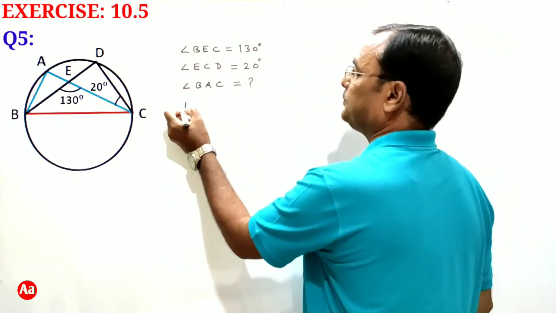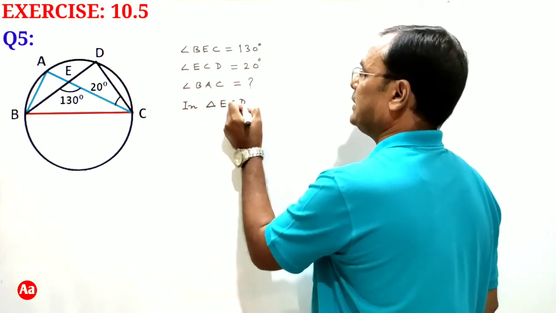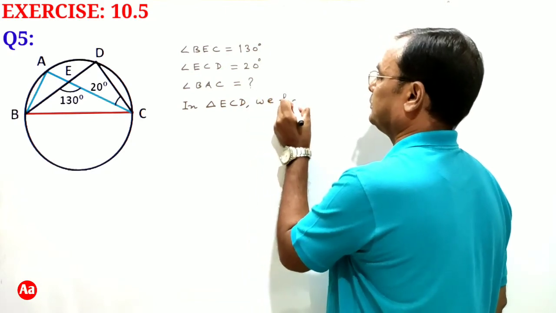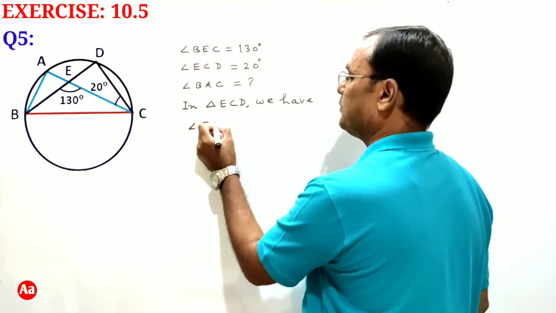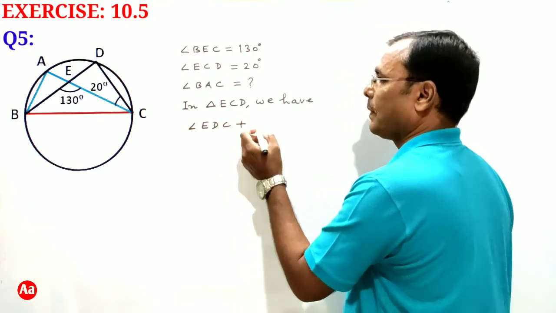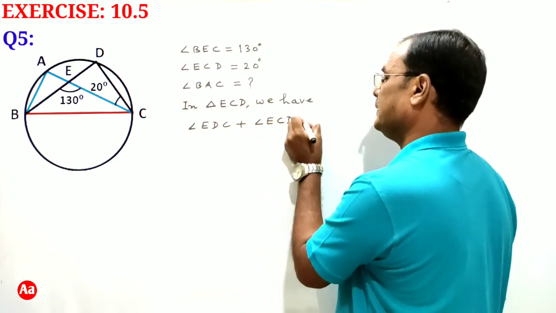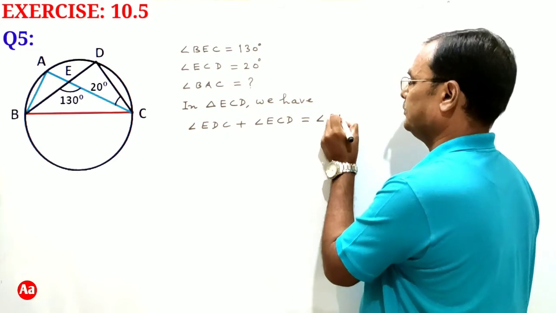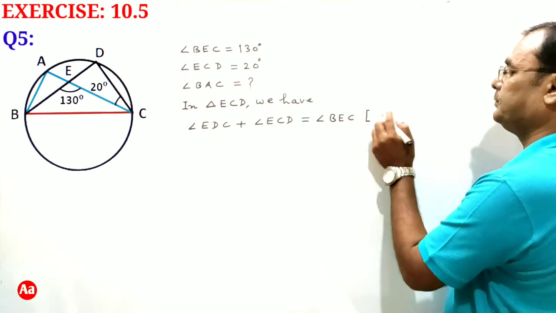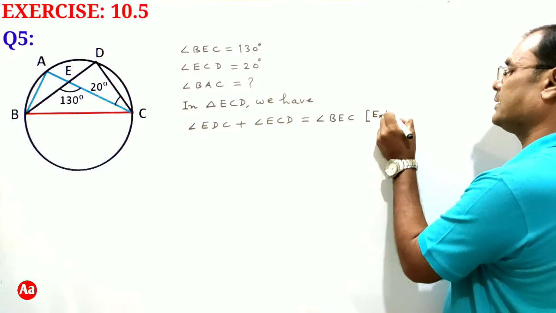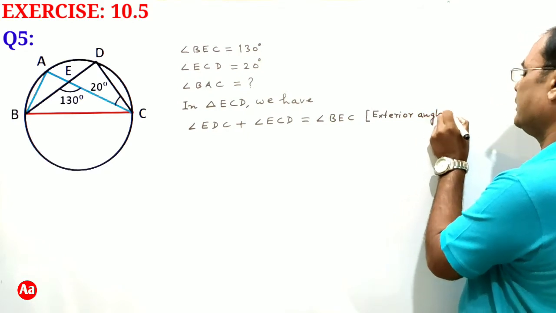So in triangle ECD, we have angle EDC plus angle ECD is equal to angle BEC, and this is the exterior angle property of a triangle.